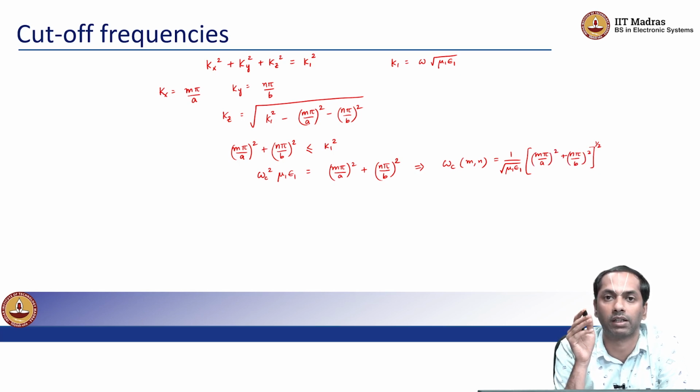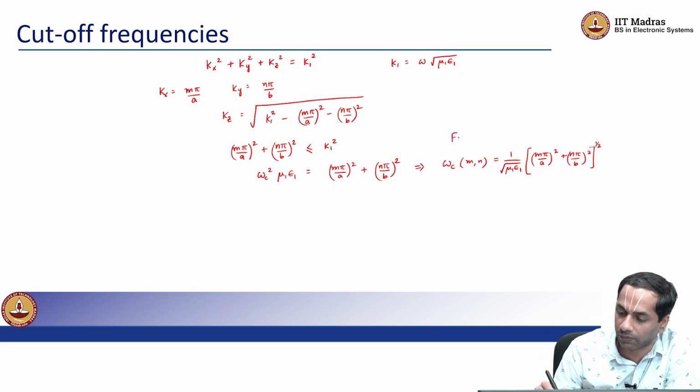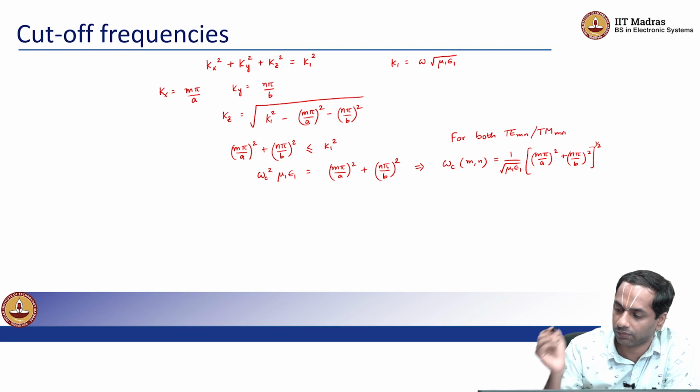So it is clear that the cutoff frequency is actually dependent on the indices m and n, right. And this doesn't seem to have a bearing on whether it is TE or TM, right. So we can say that this is for both TE mn or TM mn, right.